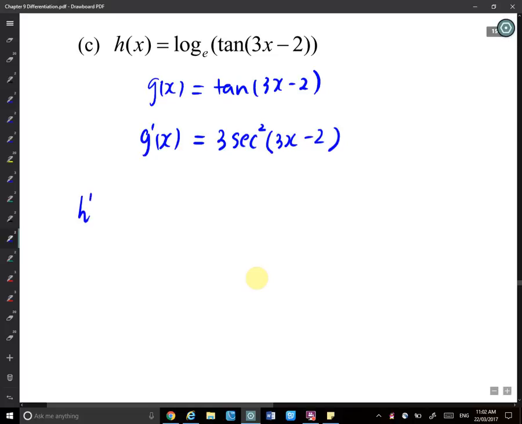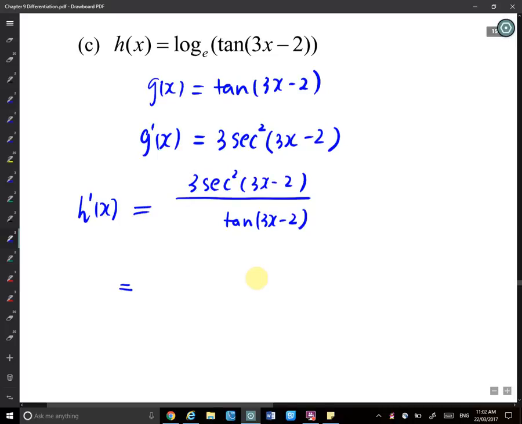So h dash x equals g dash x over g(x). But I can do something further to this. What is 3 sec squared (3x minus 2)? It's 3 over cosine squared (3x minus 2). That's the numerator. I'll divide by tan(3x minus 2). What is tangent?